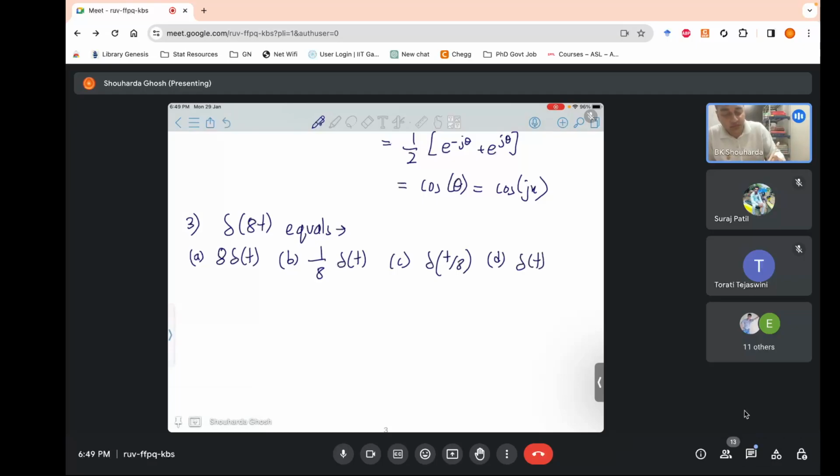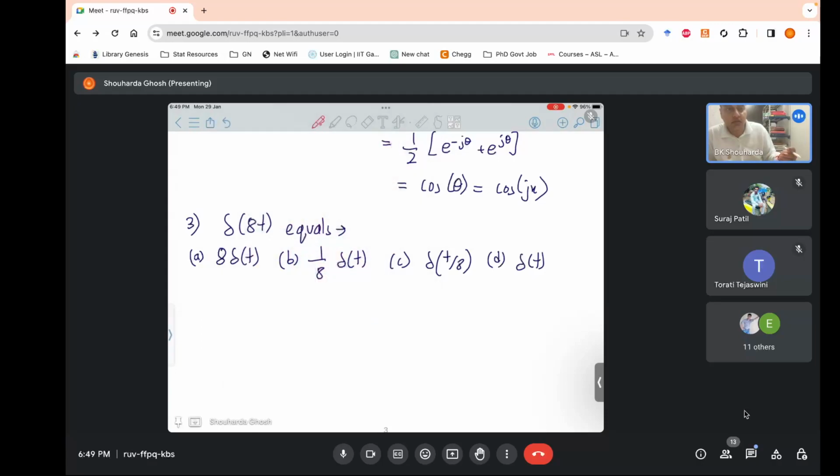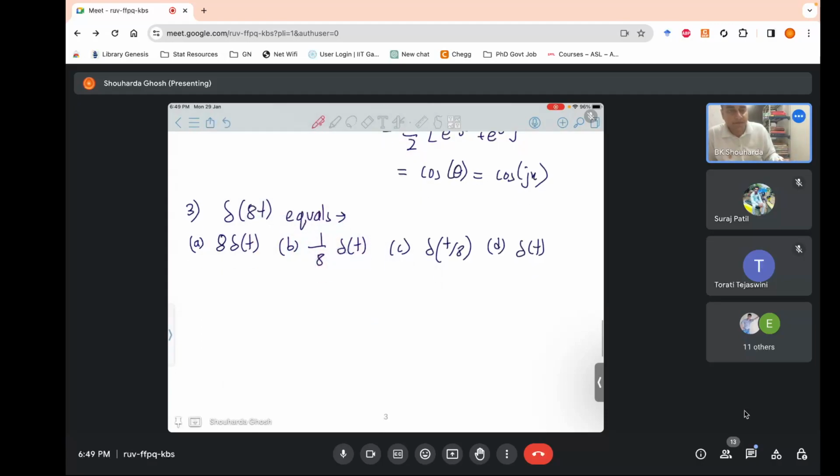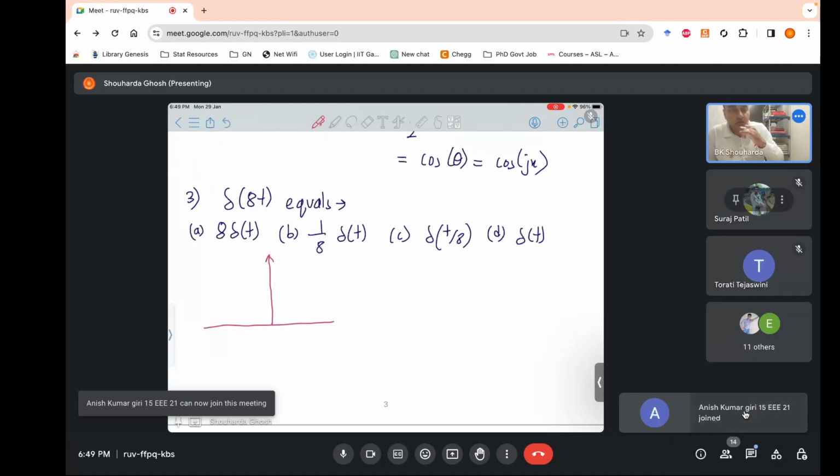So a brief recap of the delta function. You can't really call it a function because it's something called the delta distribution. We just say delta function for the sake of simplicity, because it has a lot of absurdities that are not shown by normal mathematical functions.